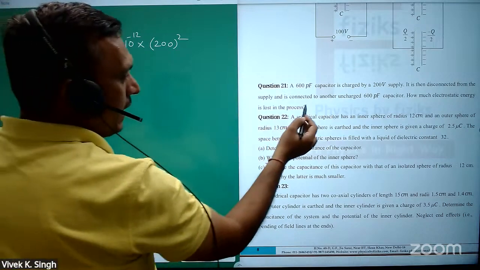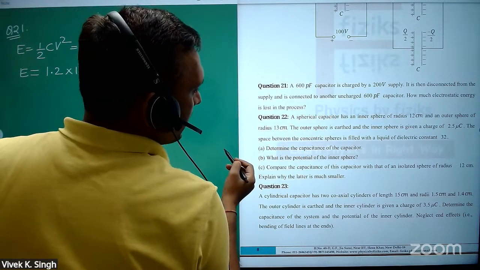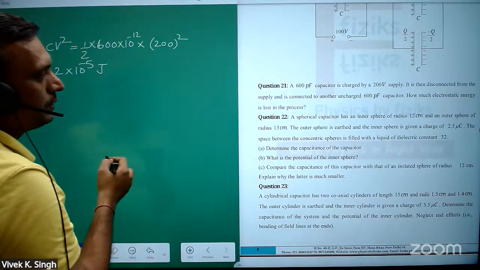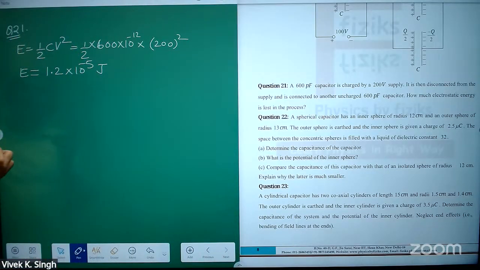If it is connected together with another 600 picofarad capacitor, it is then disconnected from the supply and is connected to another uncharged 600 picofarad capacitor. So what will be the equivalent capacitance?